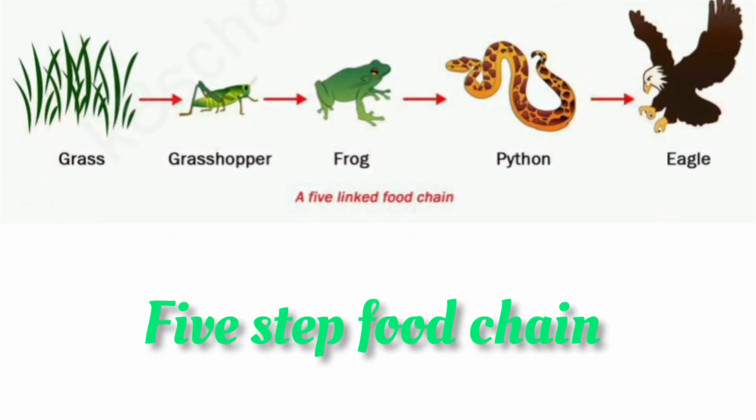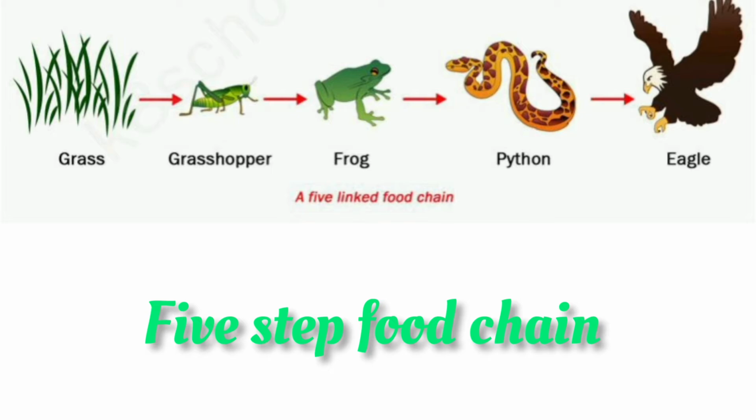So there are even 5-step food chains. A 5-step food chain will start with the producer obviously. For example, suppose grass. It will be eaten by the primary consumer, the insect. Then thereafter the insect will be eaten by the secondary consumer, the frog, which is a carnivore. The frog is further eaten by the tertiary consumer, the snake.